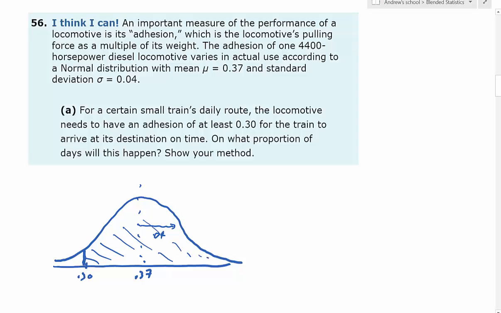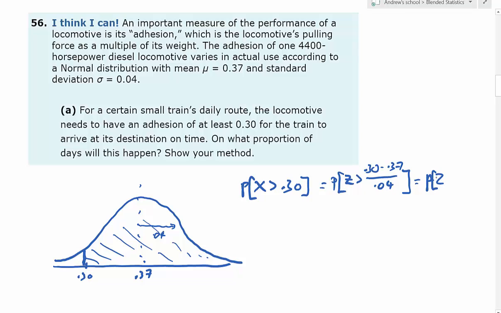There are several ways we can do this. First, I'll show you using the table. We're asked to find the probability that the adhesion is bigger than 0.30. We then need to standardize that to a z-score by working out value minus the mean over the standard deviation, and that's minus 0.07 over 0.04, which is minus 1.75.